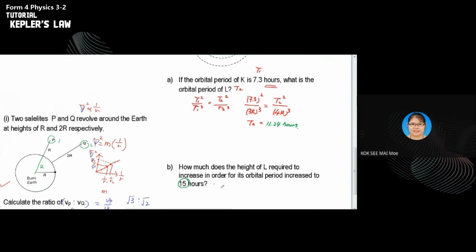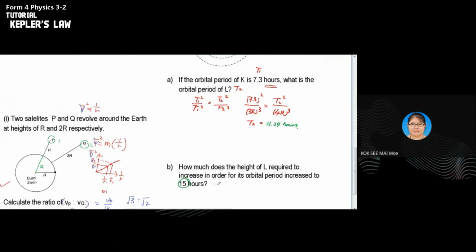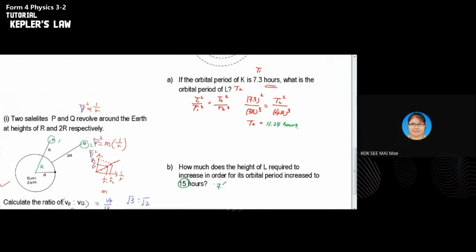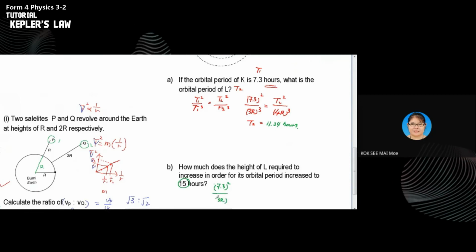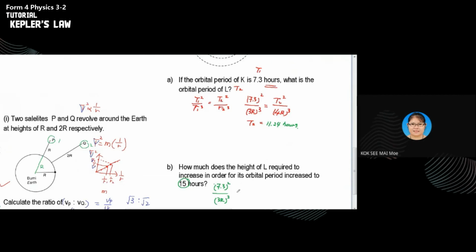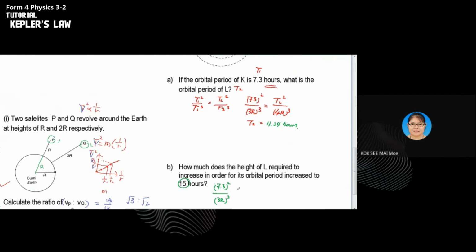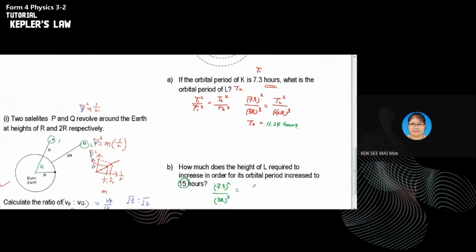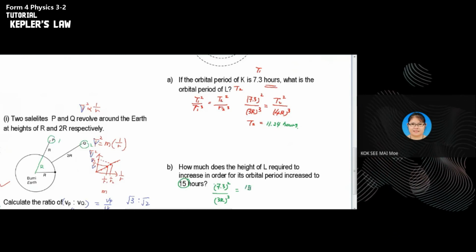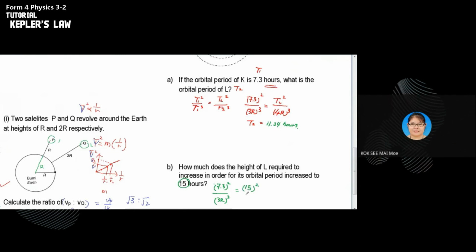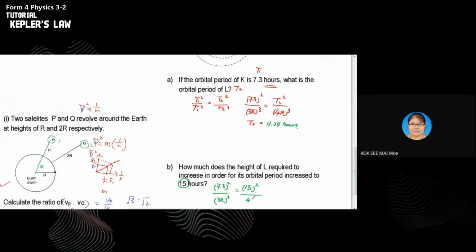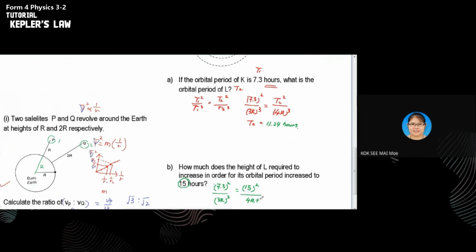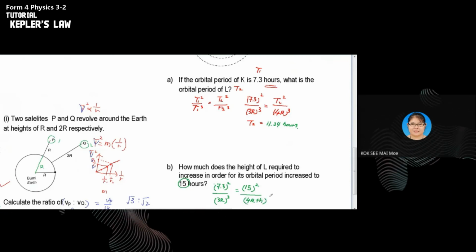So we apply: 7.3 squared over 3R, the whole thing cubed, not R only, the 3 also needs to be cubed. T2 we know already, it's 15 squared. At the bottom is 4R plus H cubed.